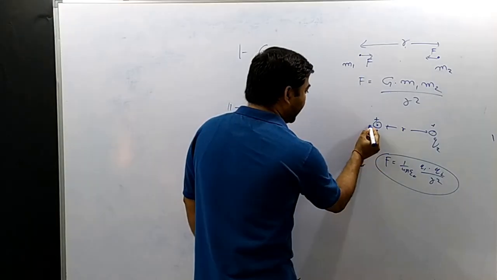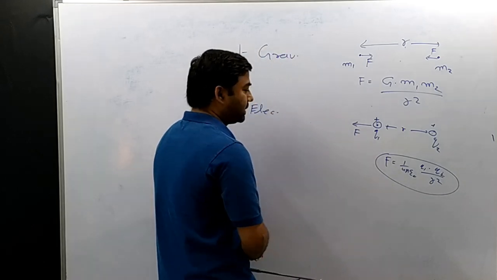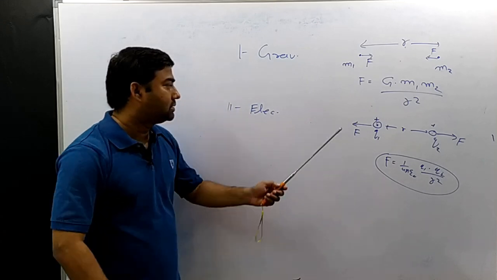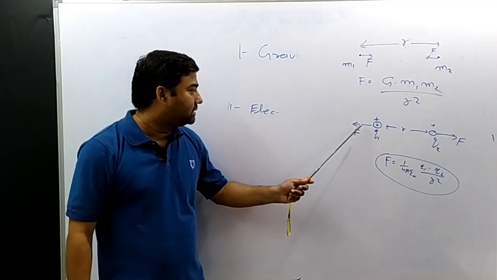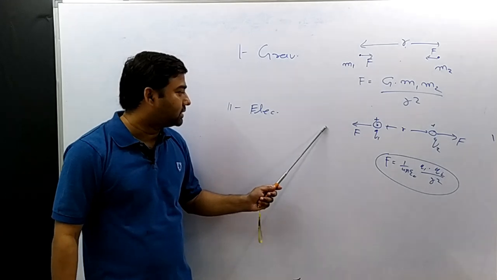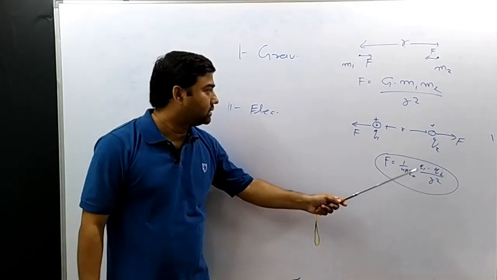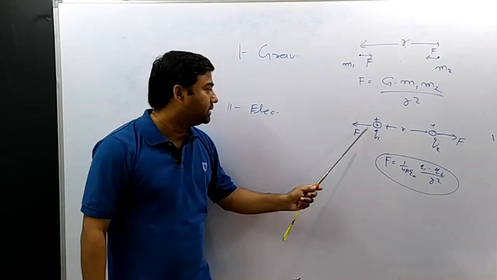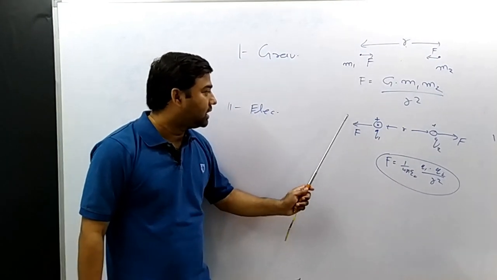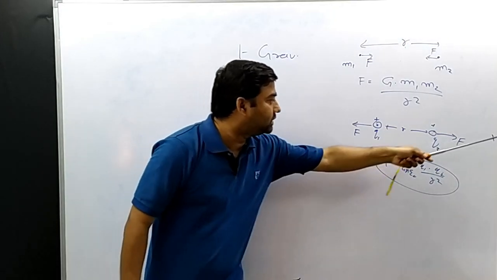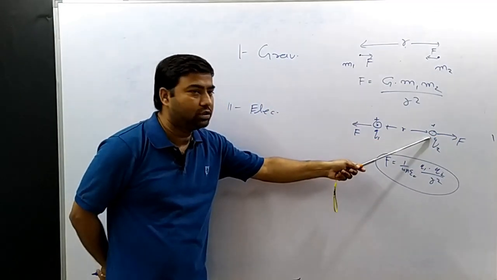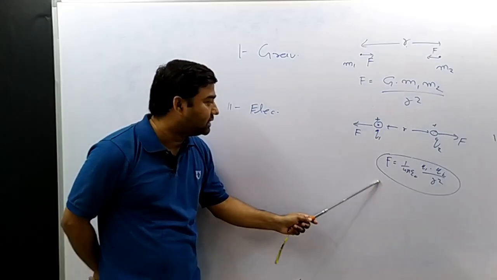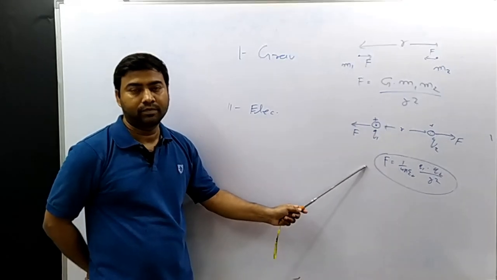This force will act on this charge, and the same force will act on the other. Here also, this force F in this direction, having this magnitude, is acting on Q1 by Q2. Similarly, the opposite force is acting on Q2, exerted by Q1, having magnitude equal to this.